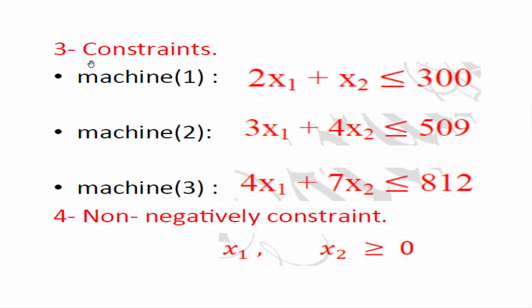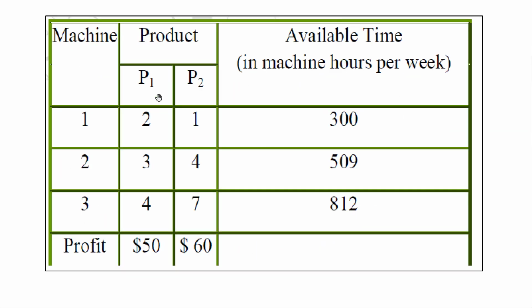Step 3, determine the constraints. We have three constraints. The first constraint, for machine 1, is 2x1 plus x2 less than or equal to 300, from the table. Why less than or equal?